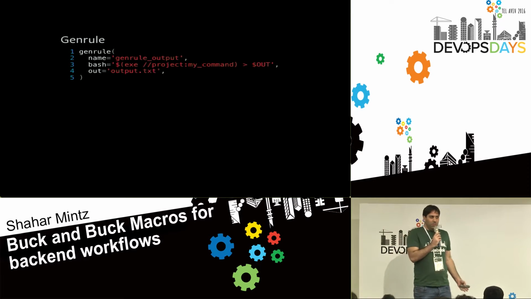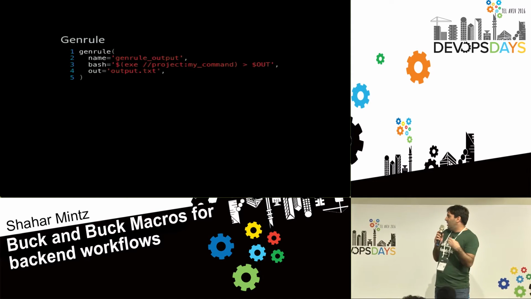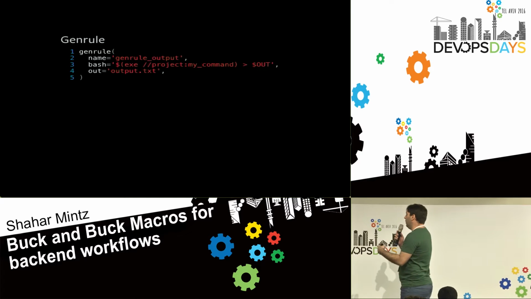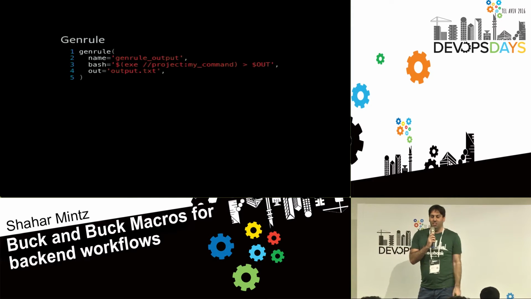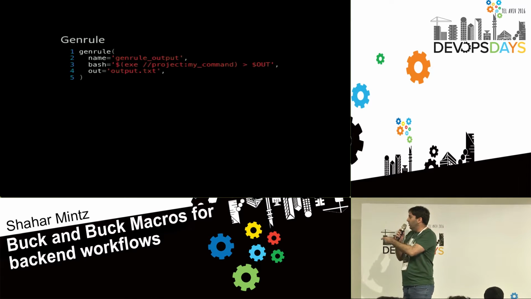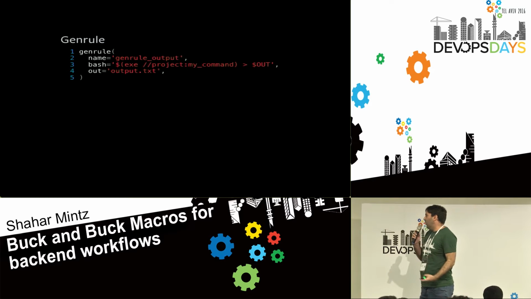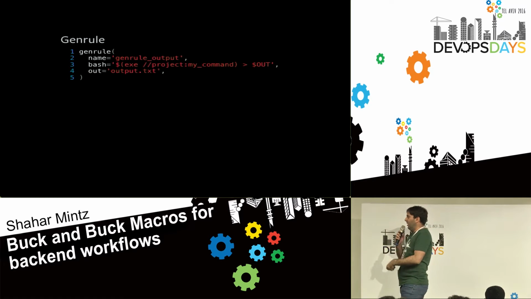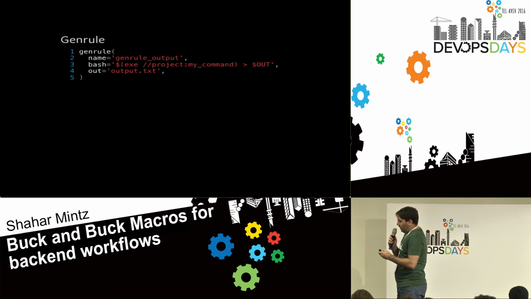So far, we looked at the basics of Buck. And this is where it gets cooler. You can actually extend Buck to do your own things. So when you define a genrule, you can run any arbitrary command on your machine or inside Buck with the exe macro.